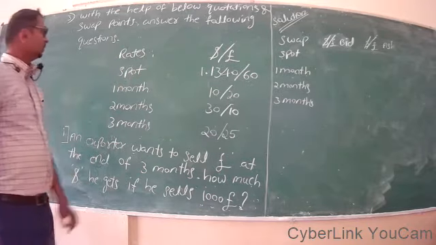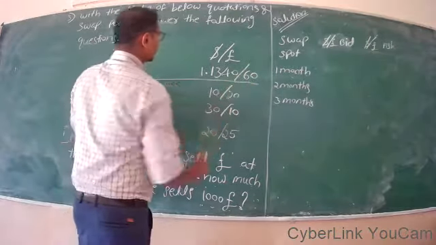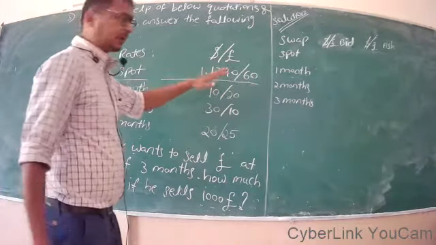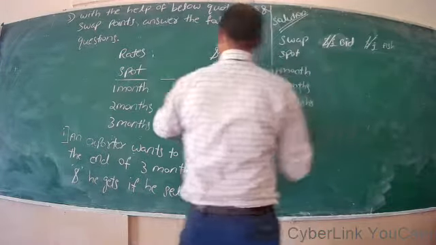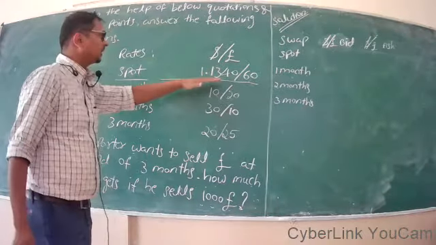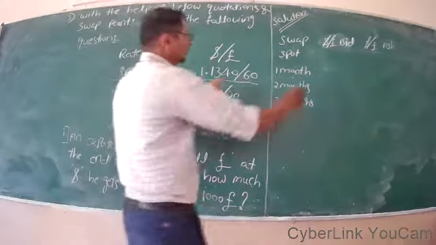Fine. So they have given a two-way quotation, that is both bid and ask price. To simplify this quotation, bid price is the lower one, that is 1.1340, right?